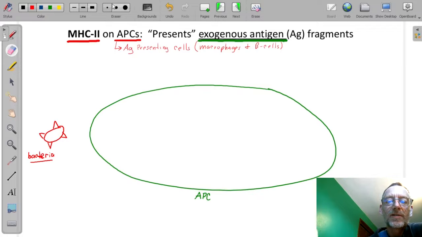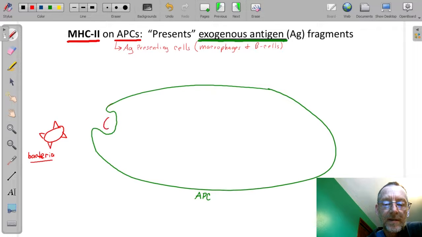So I should have drawn my membrane a little differently here to start. That's why you're doing yours in pencil, I hope. And, oops, we want to show endocytosis here. So here is the bacteria again that's being endocytosed.